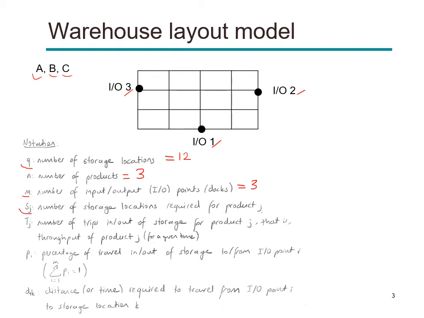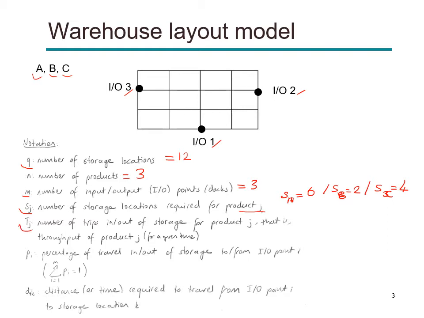Sj gives the number of storage locations required for product J. So S1 is given to us as 6, S2 is given as 2, and S3 is given as 4. So you can write, instead of 1, 2, and 3, you can also write SA, SB, and SC. Okay, it's the same thing.